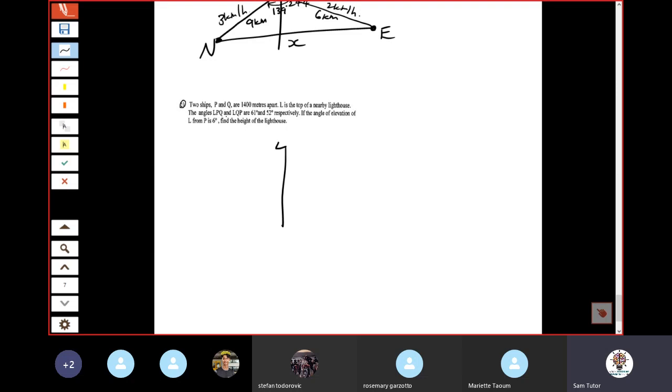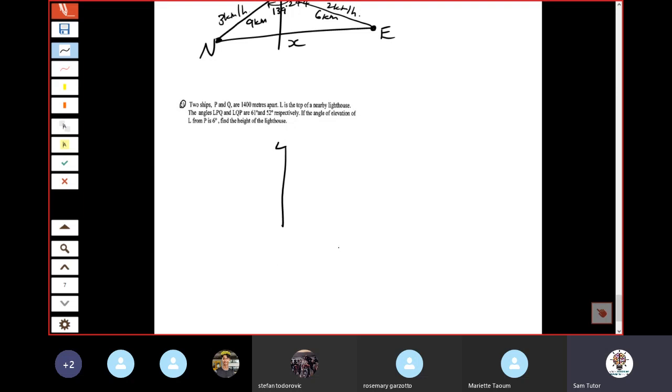The angles LPQ and LQP are 61 and 50 respectively. The angle of elevation of L from P is, find the height of the lighthouse. Well, that's just annoying.